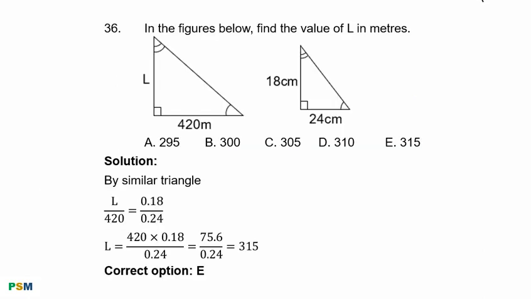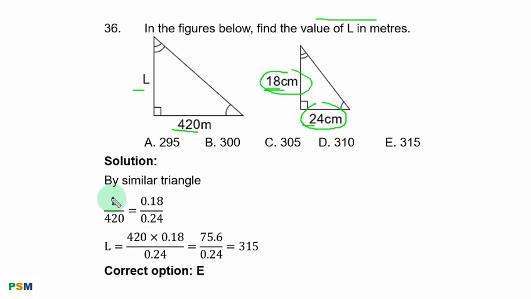Question 36. In the figures below, find the value of L in meters. Solution: by similar triangle, the ratio of L to 420 is equal to the ratio of 18 to 24. But you have to convert this value and this to meters by using 100 to divide.